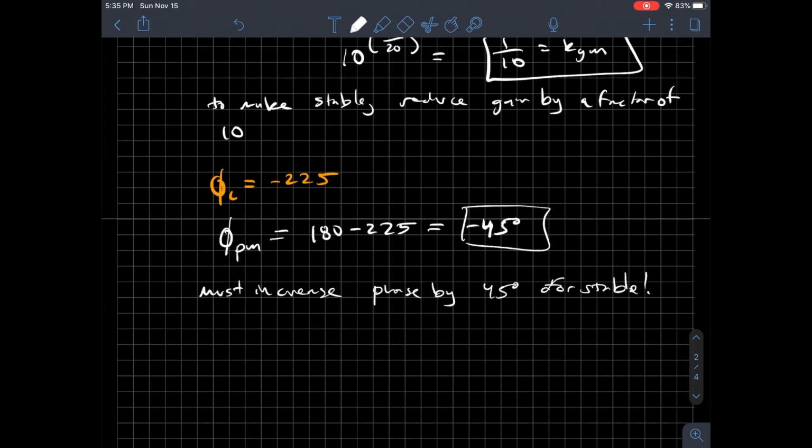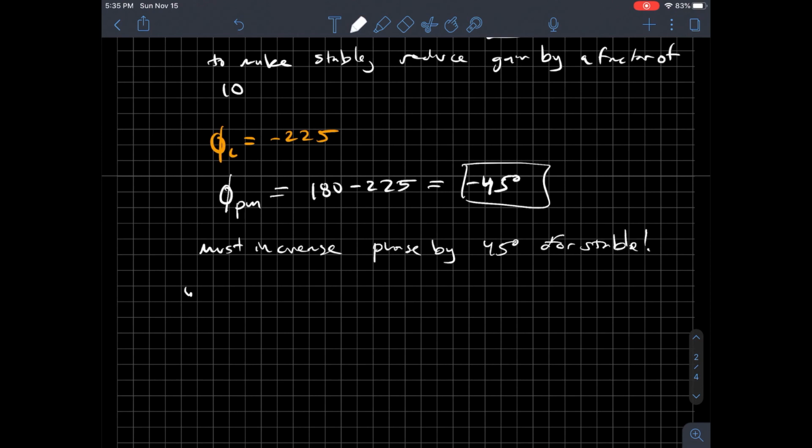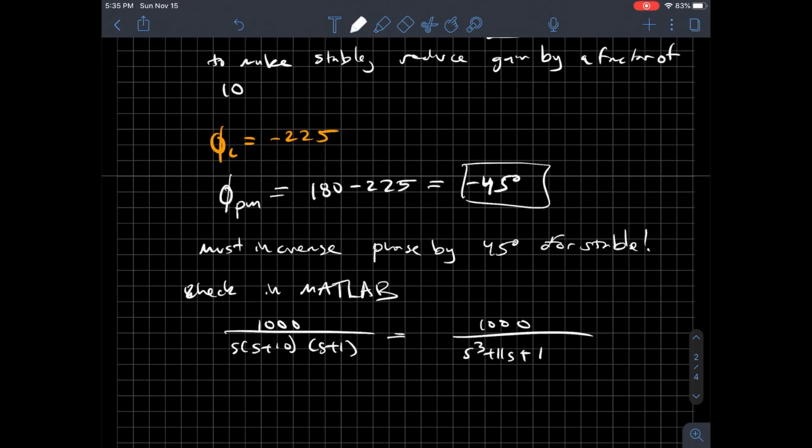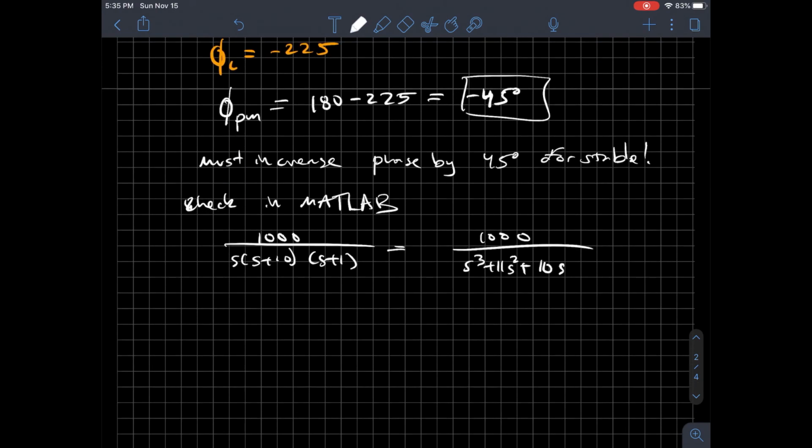Now, before I end, I would like to check this in MATLAB. Let's first start by realizing that G of S, 1000 over S, S plus 10, S plus 1, is equal to 1000 over S cubed plus 11S squared plus 10S. So let's go hop over to MATLAB and take a look.